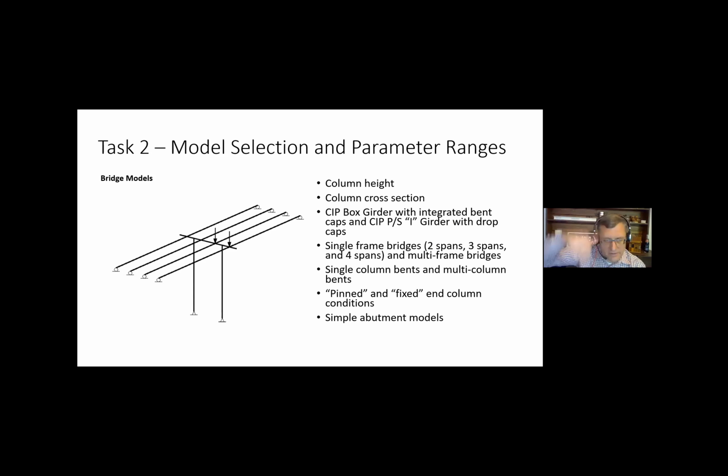We'll look at some loading eccentricities, different column heights, and set everything up to run through different span lengths, numbers of spans, single-column and multi-column bents, and pinned and fixed conditions at the bottom of the columns, and also abutment models.